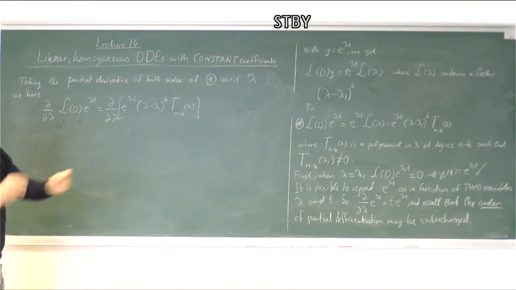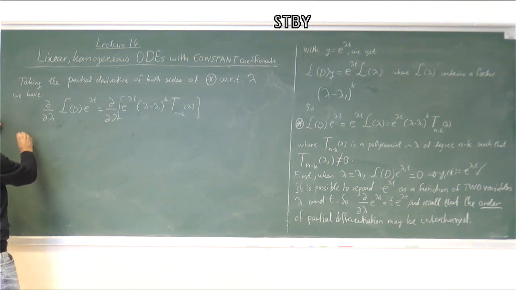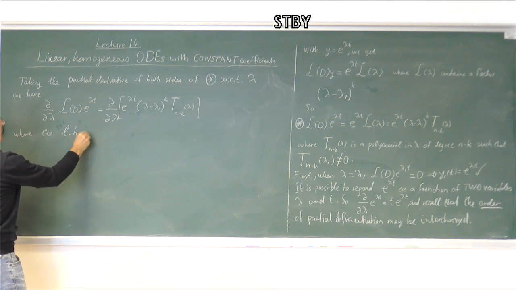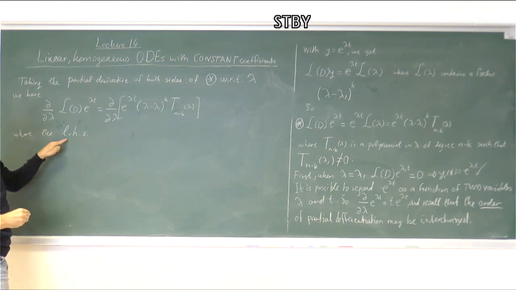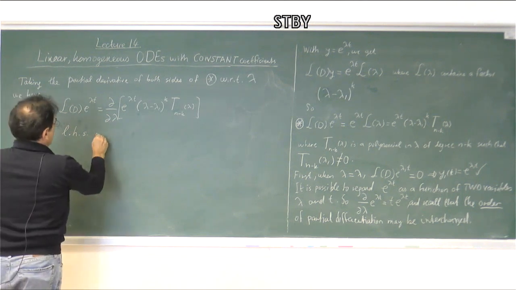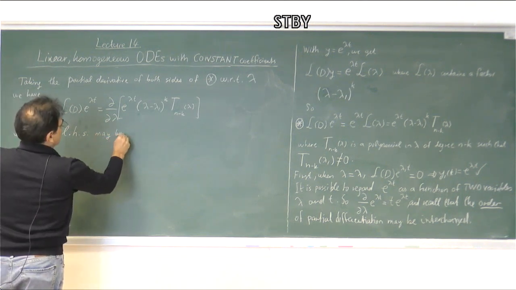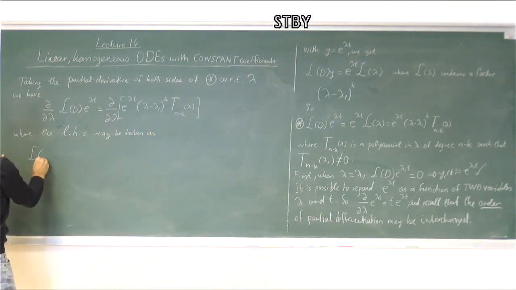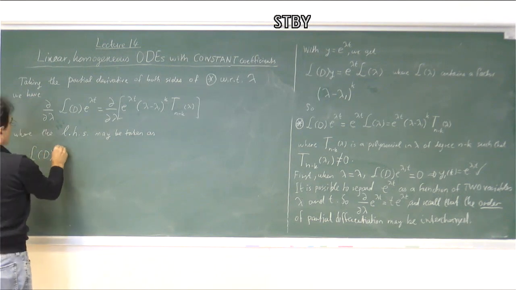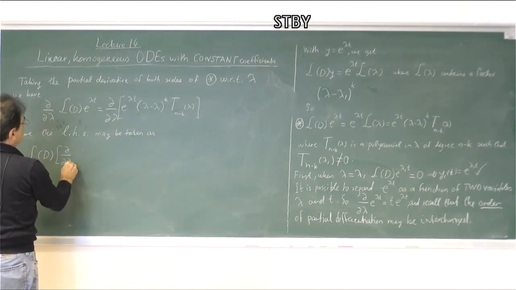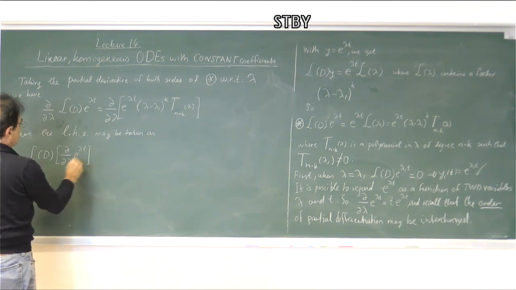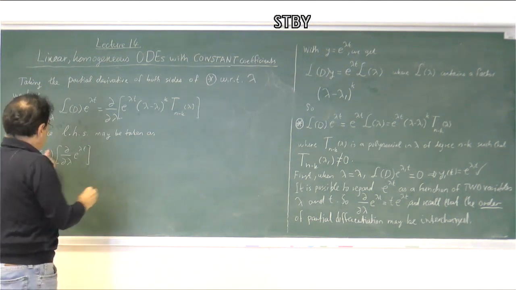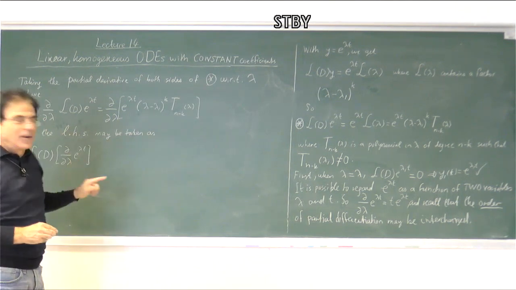And since the order of partial differentiation may be interchanged, the left-hand side, this stands for the abbreviation of left-hand side, may be taken as, look, L of t del lambda e to power lambda t on interchanging the order of partial differentiation.